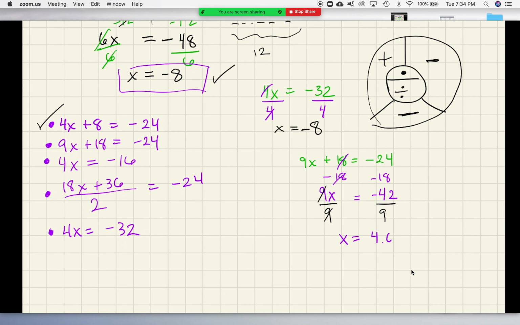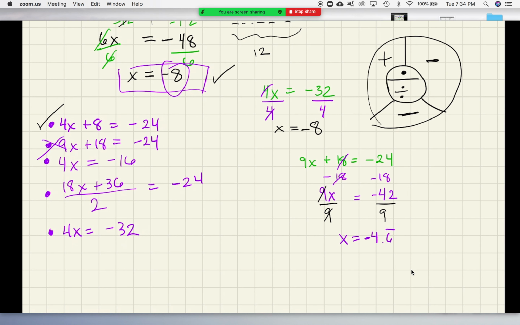It's like 4.666667. That's definitely not this though, right? It should be negative because there's a negative. So that one doesn't work out.